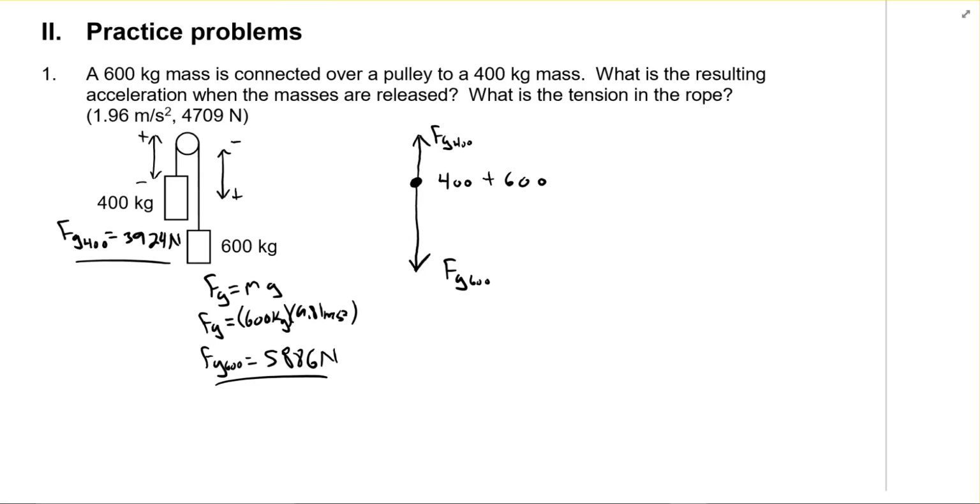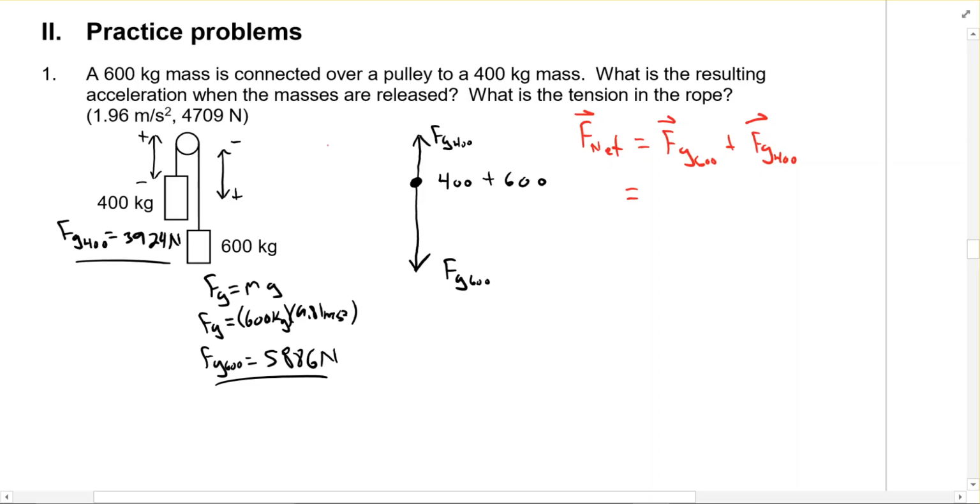So now we can say F net for the system is just going to be Fg for the 600 plus Fg for the 400 one. I'll put the little vector symbols up there. Remember Fg is going down, but now down's positive. We're calling down positive on this side.